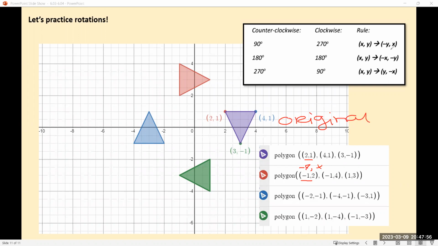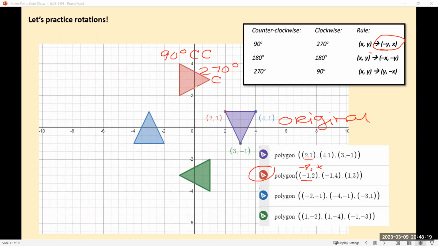Which rule says that? (-y, x), that's this one. So this tells you that our red figure could be a 90 degrees counterclockwise or 270 degrees clockwise rotation. Those ordered pairs tell us that.